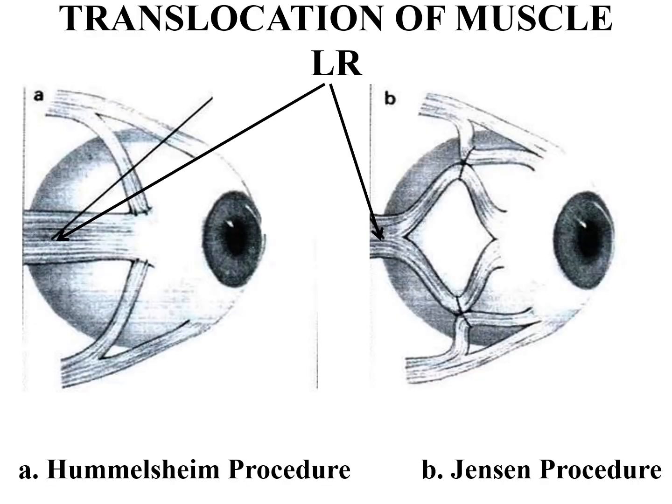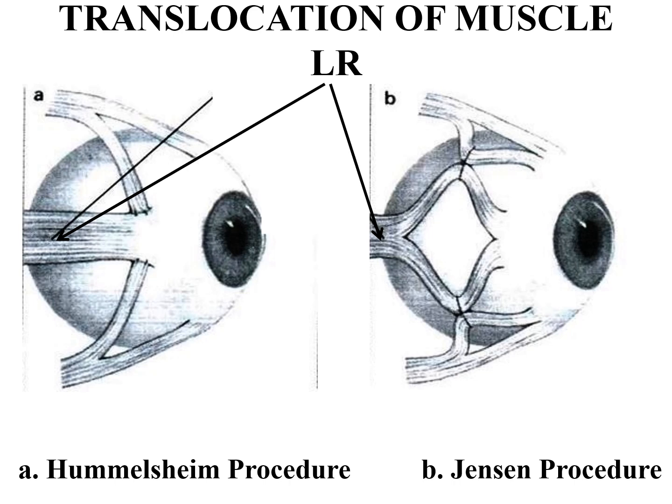In this picture, you can appreciate the two types of procedures. In the Hummelsheim procedure, here we have tackled lateral rectus palsy. We divide the superior rectus and inferior rectus in two portions, then insert one portion to the lateral rectus.